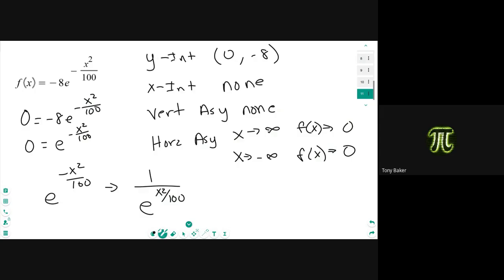If the x squared wasn't there, that would change things. Because that would actually then flip it back over.